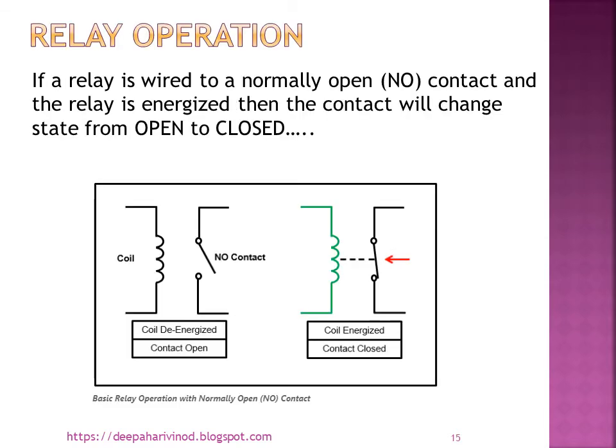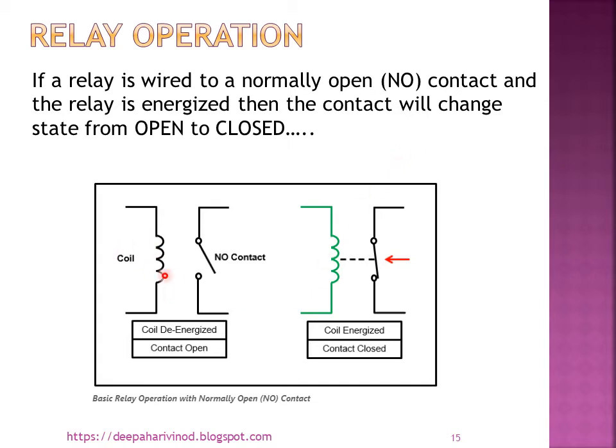Relay operation. Here we can see the relay operation with a normally open contact. In this figure we have a coil, and this contact is normally open. If the relay is wired to a normally open contact and the relay is energized, the contact will change state from open to closed.